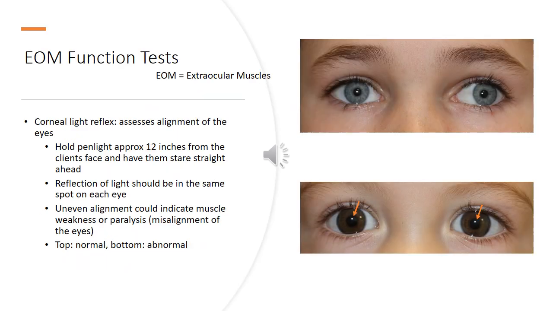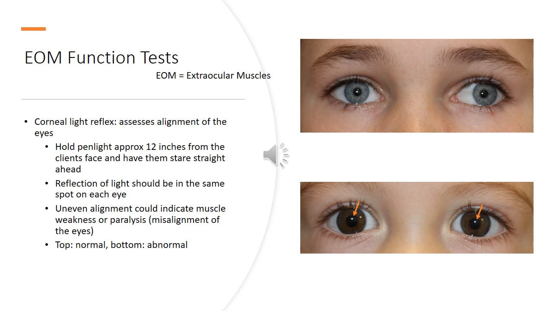Whenever we are testing the extraocular muscles, we're looking for the corneal light reflex, which shows us the alignment of the eyes. When we take our penlight and have the patient stare straight ahead, we're going to see if the light is in the same spot on both eyes.